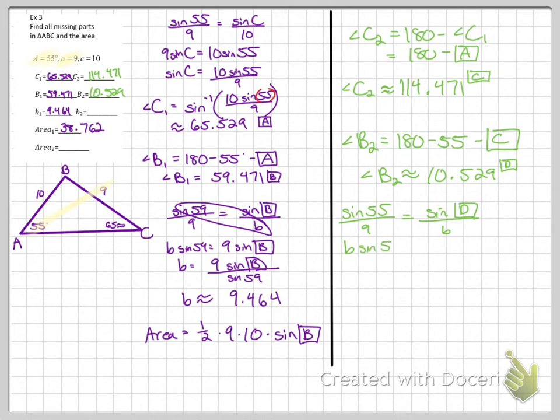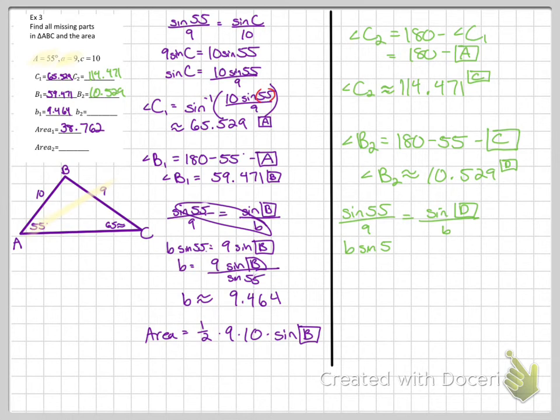Oh, I wrote a 55. Oh, did I write a 59 on the other side? Sorry about that, you guys. I did use 55 over here when I typed it into my calculator. I don't know why I had written a 59. A is 55. That does not change. Okay, so on this side, A is still 55.